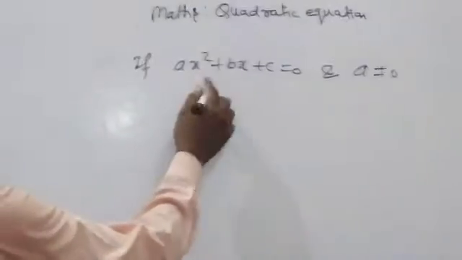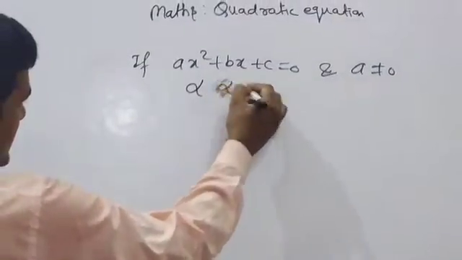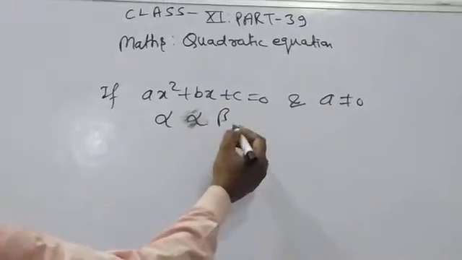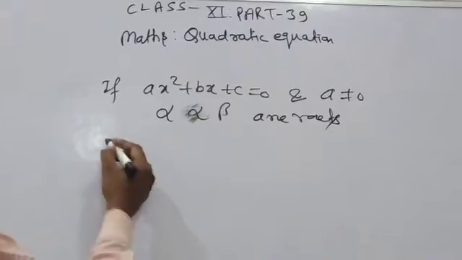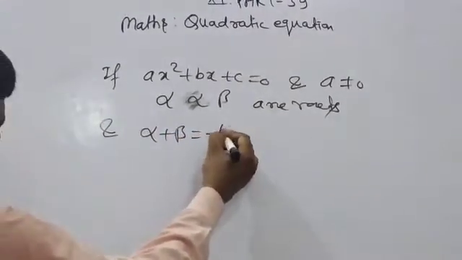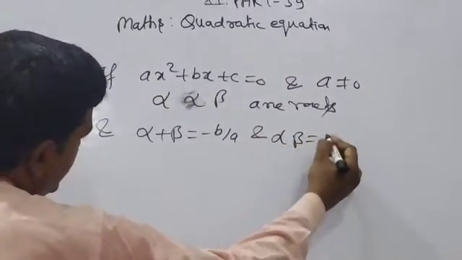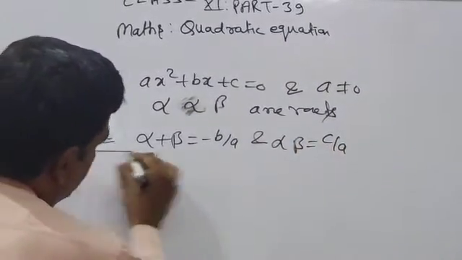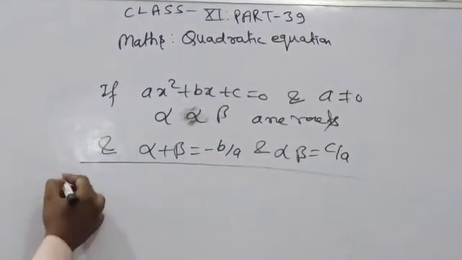And this equation has two roots, alpha and beta. The sum, alpha plus beta, is equal to minus b by a. The product, alpha into beta, is equal to c by a. Any problem? Very good.